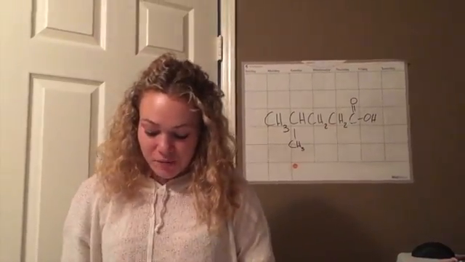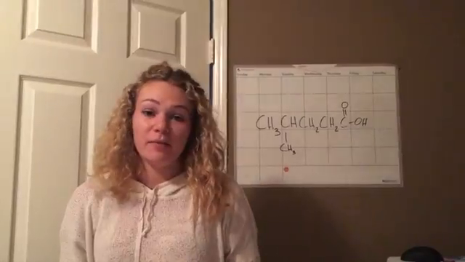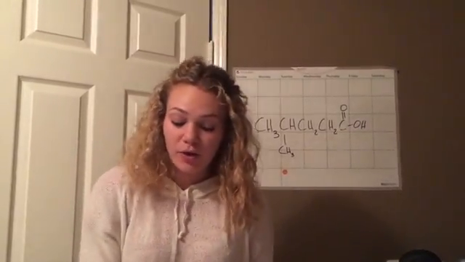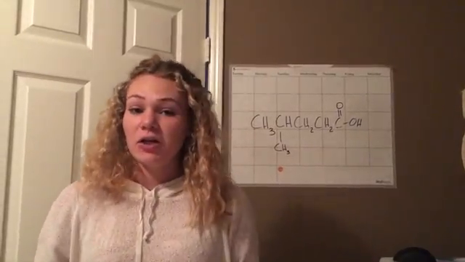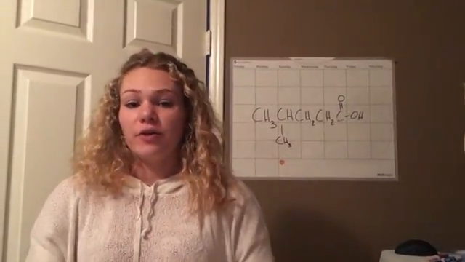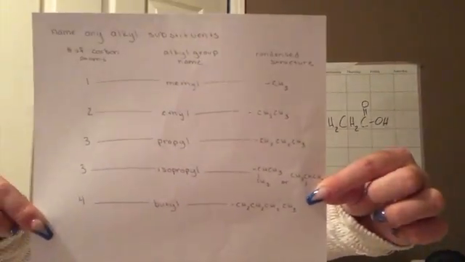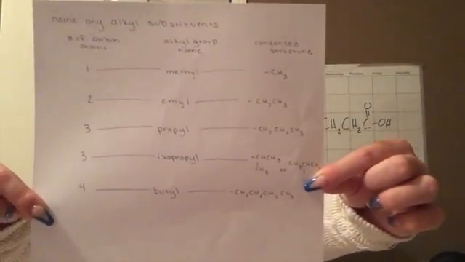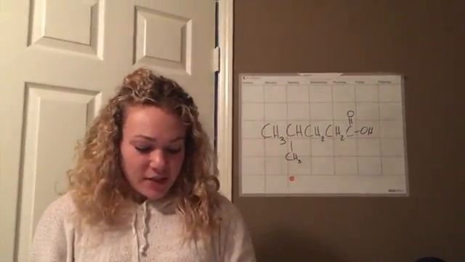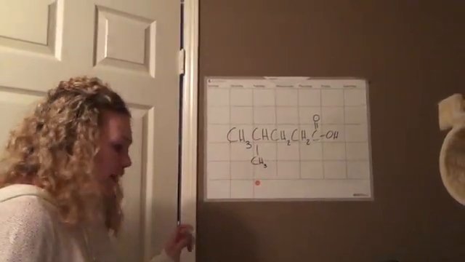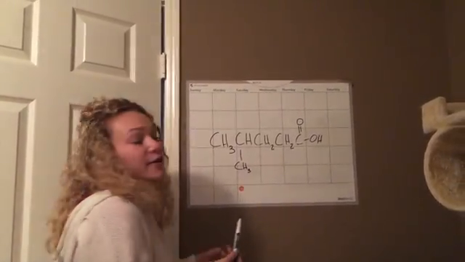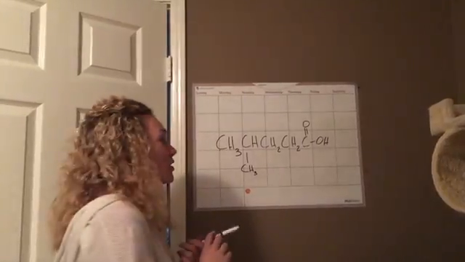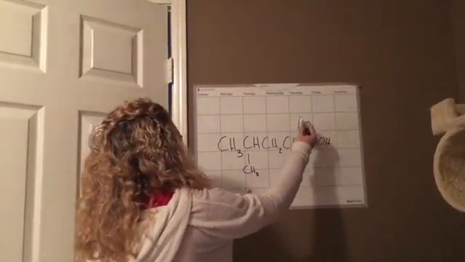Any alkyl groups attached to the parent chain need to be named by the position, number of appearances, and the alkyl name. To name any alkyl substituents, we follow this chart. For an example, we have this carboxylic acid up here. We're going to start the same as we did the last one with the parent chain, which is the longest chain of continuous carbons containing the carboxyl group.